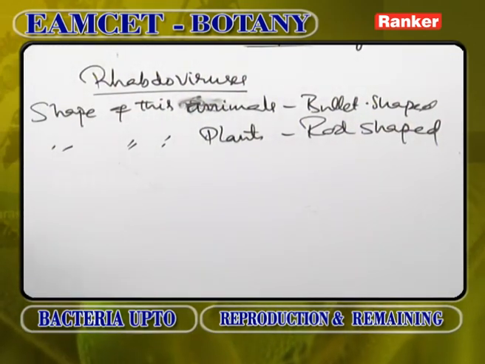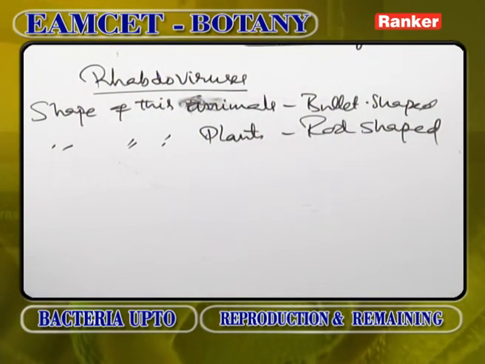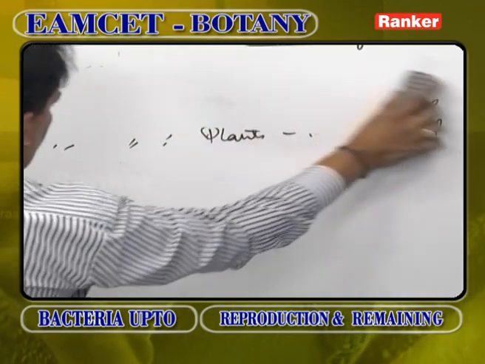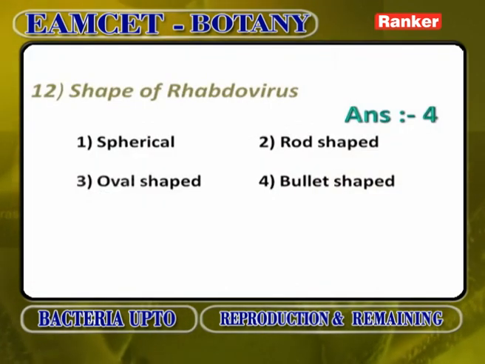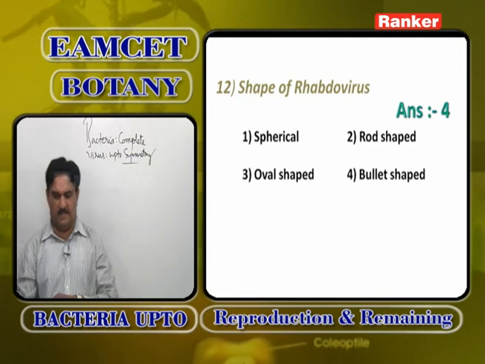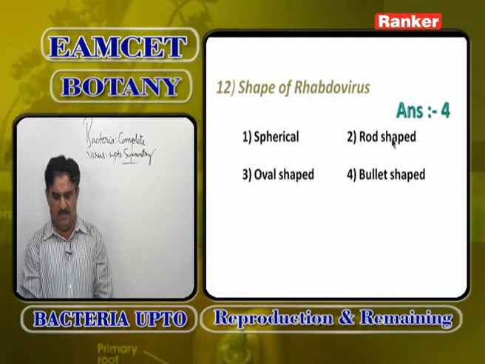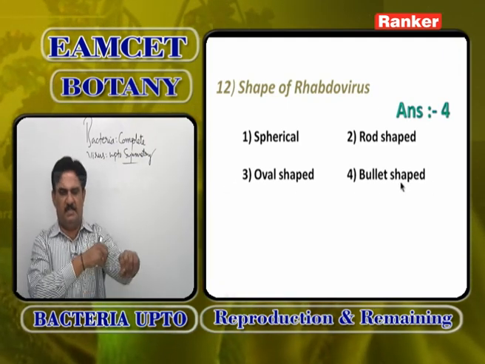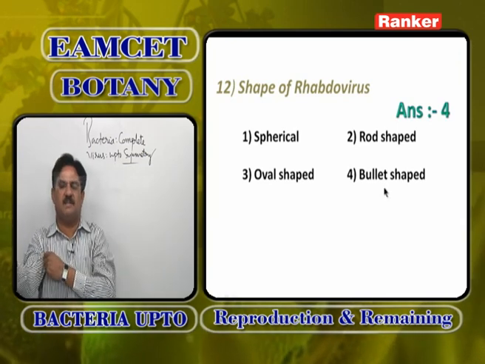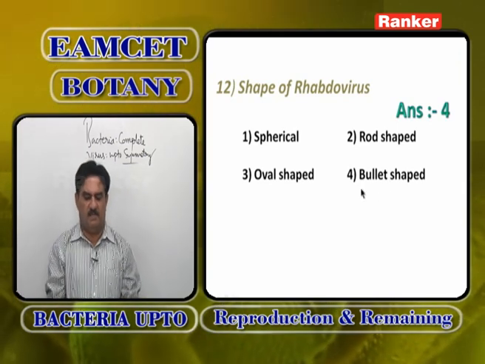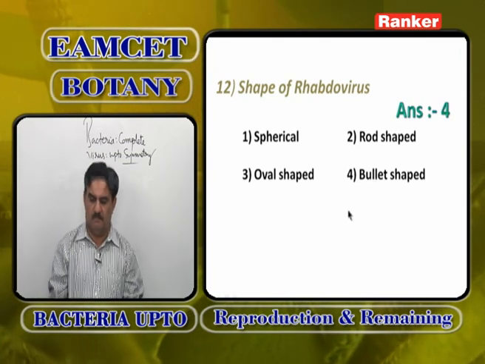So, bullet-shaped viruses are rhabdoviruses, but the bullet shape is seen in animals, whereas the same rhabdovirus is rod shaped in plants. The options were spherical, rod shape, oval shaped, bullet shaped. Bullet shaped in animals and rod shaped in plants. So, the answer is 2 and 4.